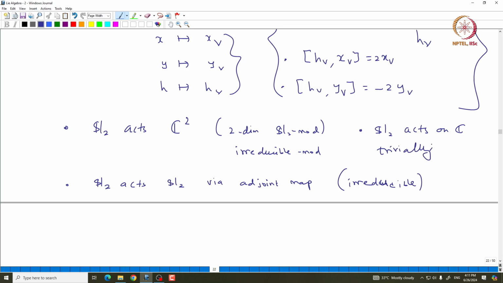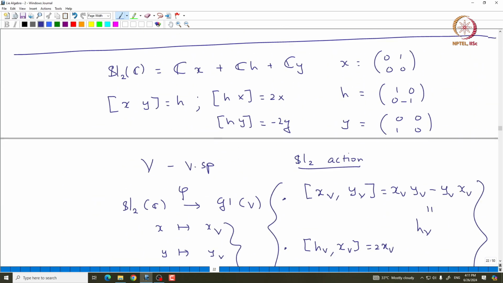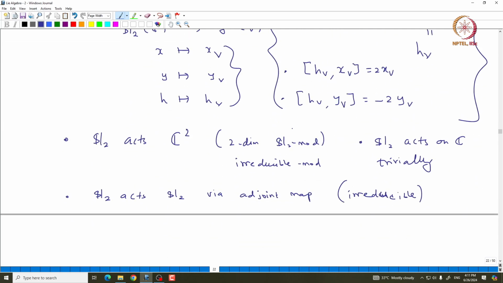This is the only action you can get on the one dimensional space, because any basis element of SL2 can be written as a commutator. So the action of H, when you take the commutator, should be 0. Similarly, the action of x and y should be 0 on this one dimensional space. This gives you a one dimensional representation, which is also irreducible.